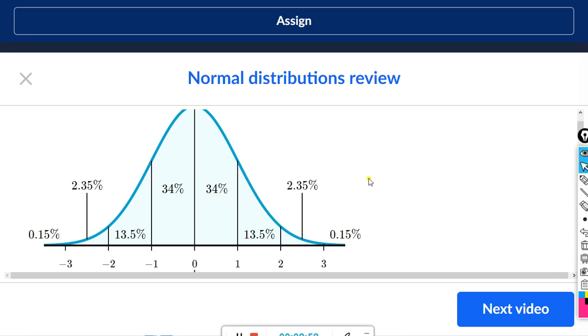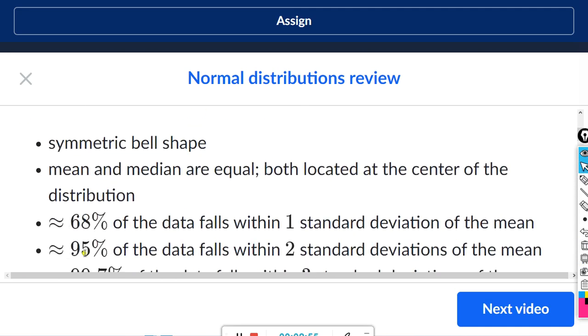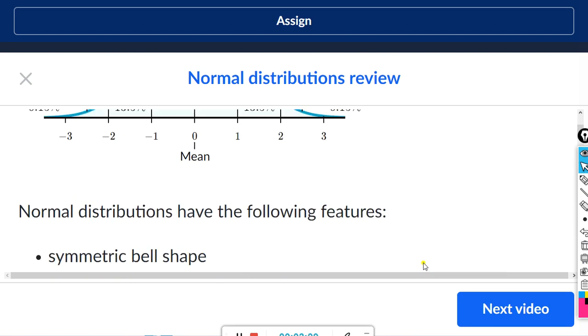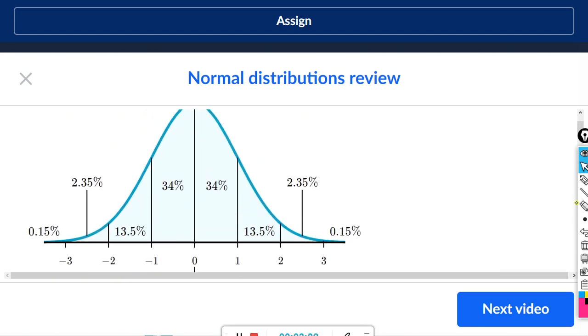Next up, 95% of the data falls within 2 standard deviations of the mean. Again, we go to the mean, which is right down the center, and we go 2 standard deviations to the right and 2 standard deviations to the left. So we are right here at z equals 2, and right here at z equals -2.